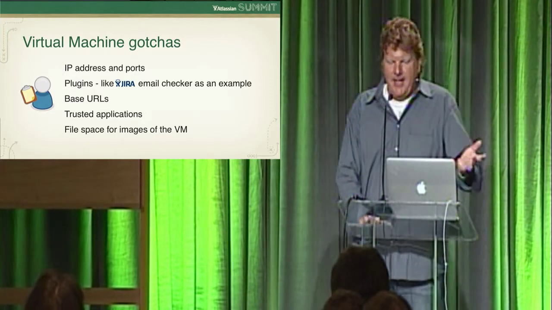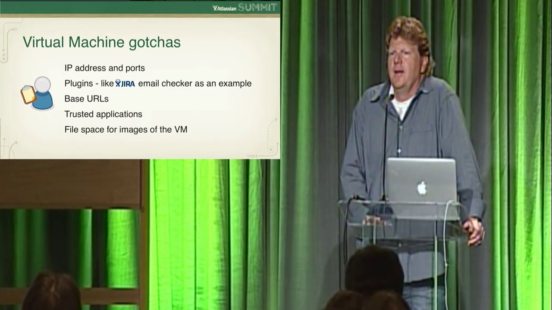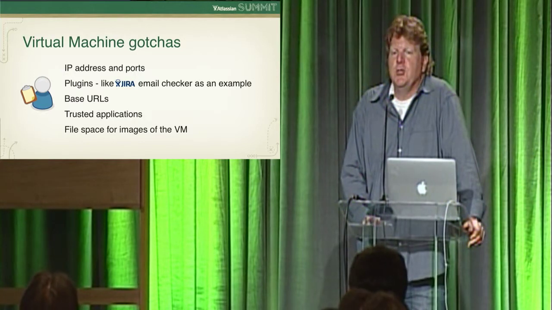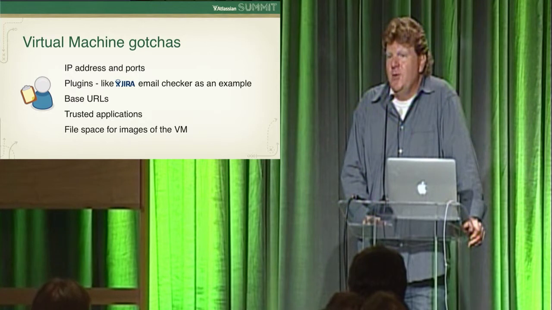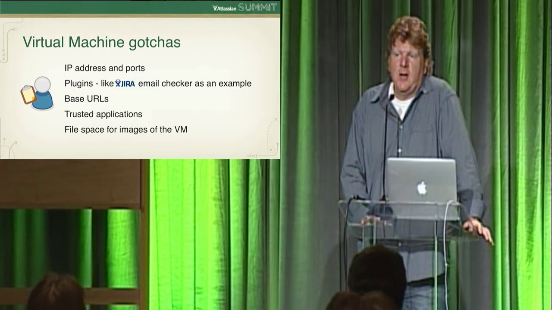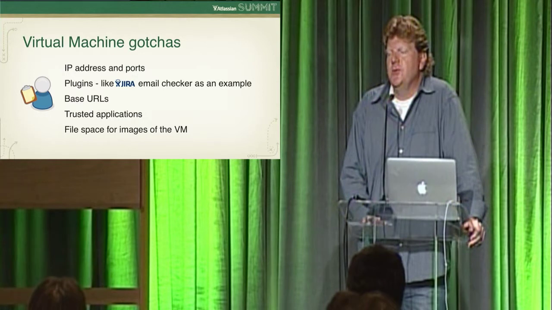Plugins. I've got an embarrassing story that I had when we did this with JIRA. We have the plugin installed that lets you comment on a JIRA issue via email, which is great for your non-technical users. Somebody in your company that doesn't have a JIRA license can still comment on a JIRA issue.